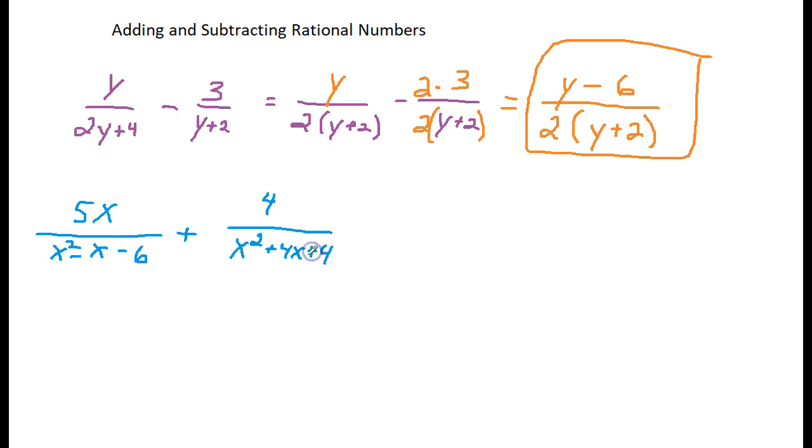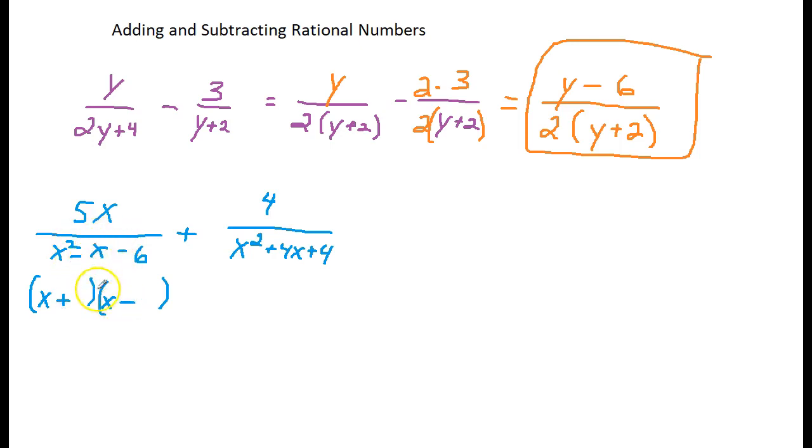Well, the first thing I like to do is factor those denominators. So I am just going to right below it do my factoring, so I'm not rewriting everything all kinds of times. So I'm going to have an x and an x. My signs have to be opposite because they have to multiply to give me a negative, plus and a minus.